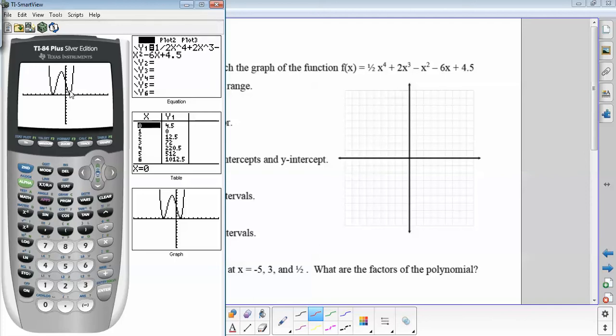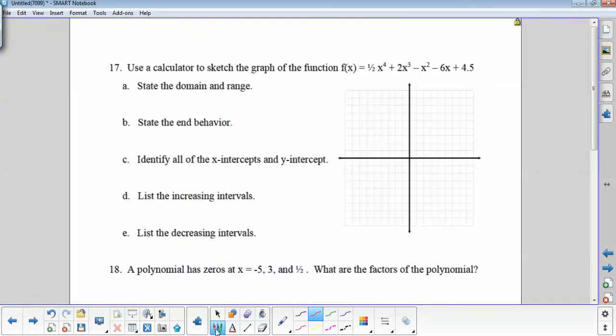And the y-intercept's a little bit hard to read, but let's look at the equation to see if we can figure that out. So I'm going to graph my intercepts at -3 and +1. Remember that your y-intercept is when the x is 0.